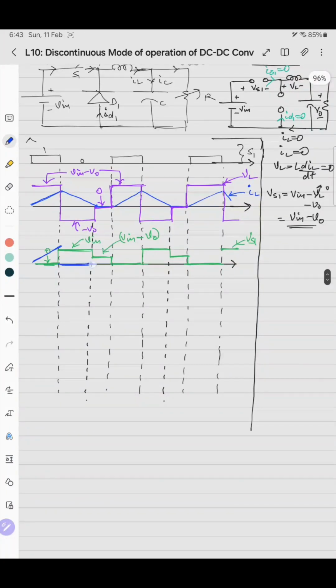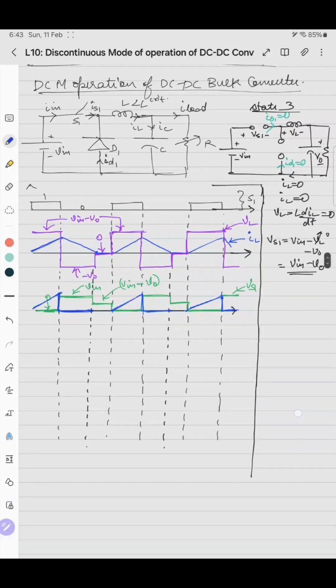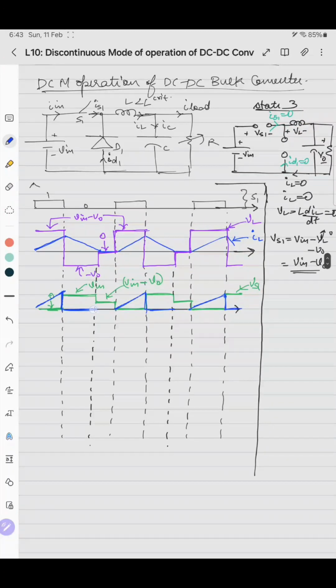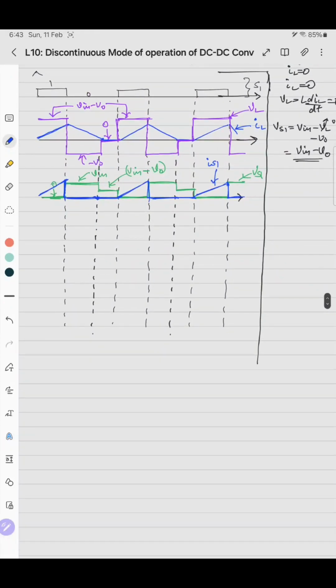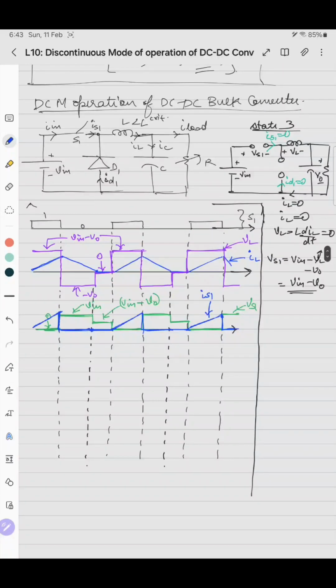So it is like this, suddenly falling down. What is the value of the current when both the diode and switch are off? It is still 0, so it will be continued like this. This waveform belongs to IS1. Switch is done. Now inductor is done, switch is done.